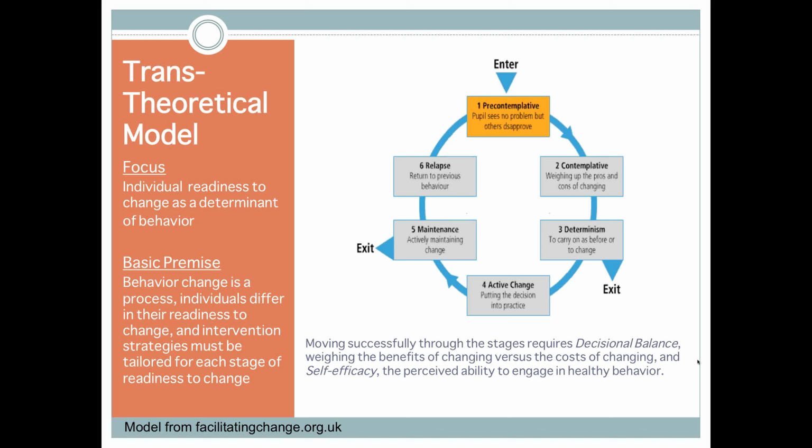For example, if somebody is at the contemplation stage, where they're weighing pros and cons, your strategies are directed at moving them from the contemplative stage to the determination stage, where they make a decision about positive behavior change. If somebody's in the active change phase, your intervention strategies are directed at how you keep that active change that they've instituted sustained in their life. So strategies differ based on what stage of change somebody is in.